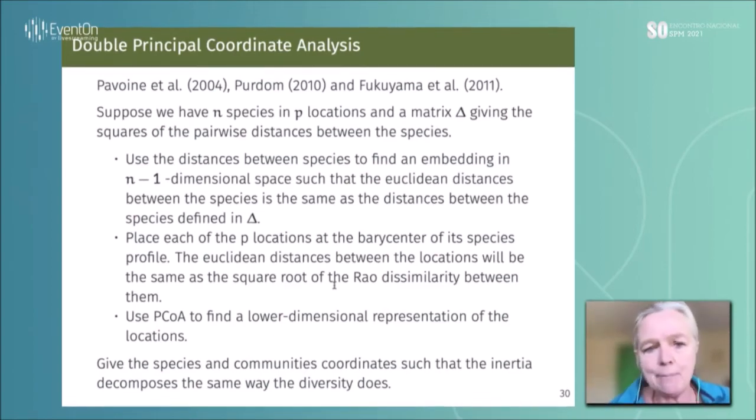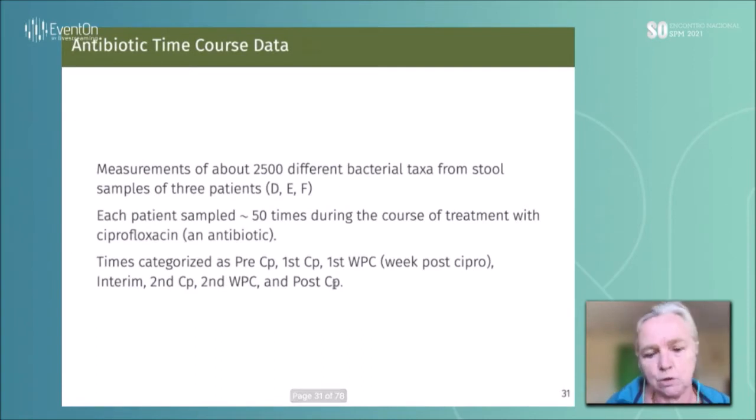Just a word on vocabulary. This is called double principal coordinate analysis, because the embedding method has two names. It's called multidimensional scaling by the statisticians, and it's called principal coordinate analysis by the biologists. So double principal coordinate analysis is the first name that it was given to do this.